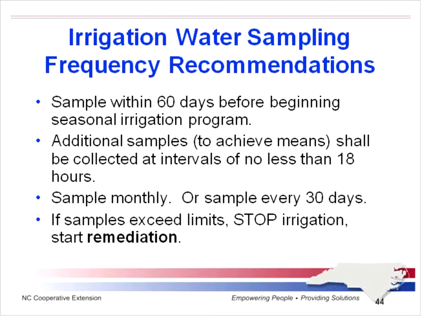During the season, we're recommending that surface water irrigation sampling occurs every 30 days. And if samples exceed the recommended limits, you should stop irrigating with those water sources and start looking for the source of contamination and remediate before that water is used again.